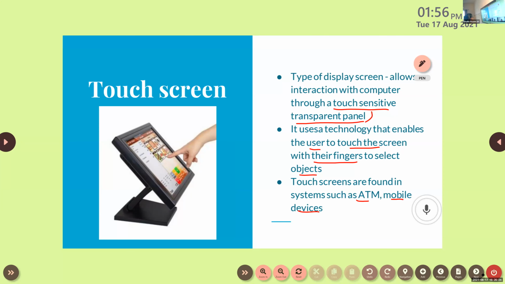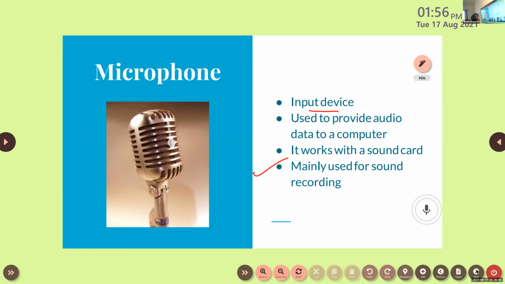Next is touch screen that you are using every day in your phones. What is the use of that? With the help of the screen, we can interact with the computer, isn't it? Next is microphone. It is used to provide audio data to a computer.